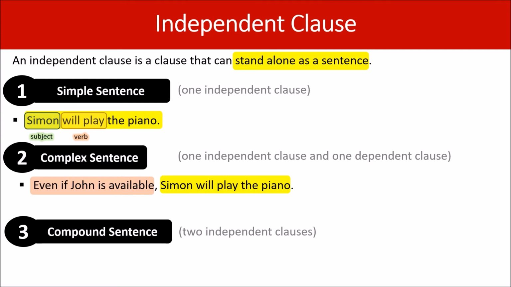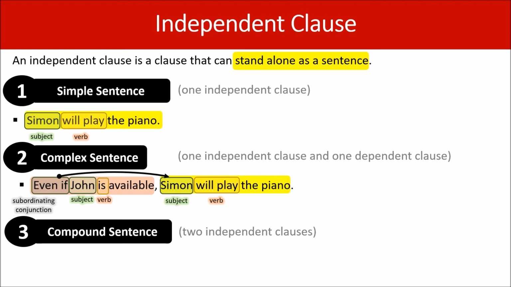Notice that this time the dependent clause is at the front. John is our subject, is our verb. In our independent clause, Simon is our subject and will play is the verb. And our subordinating conjunction is at the front of our dependent clause. Remember, it is the link to the independent clause.